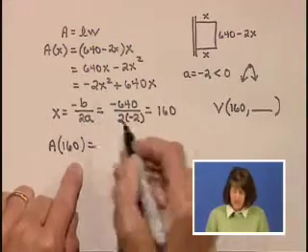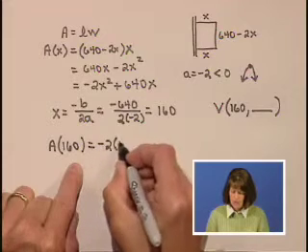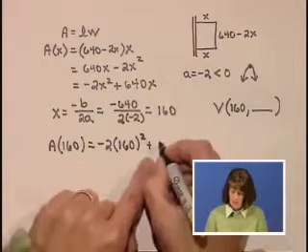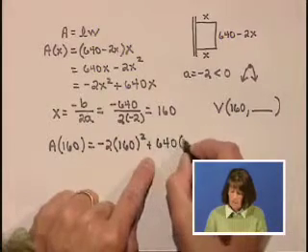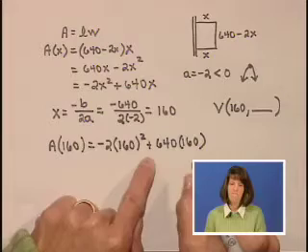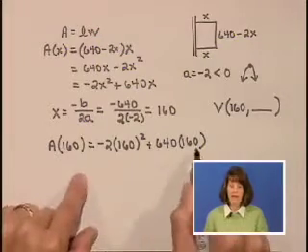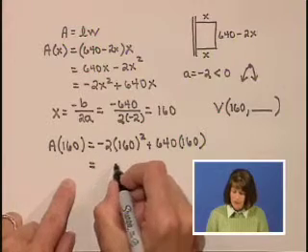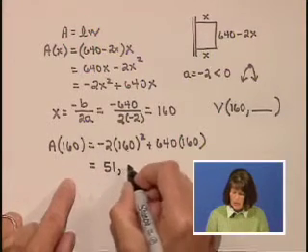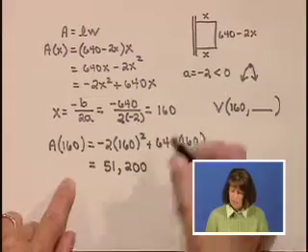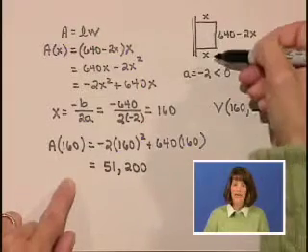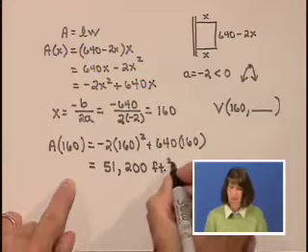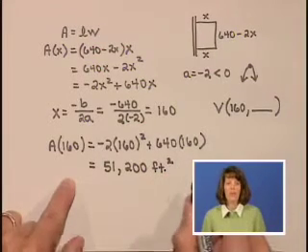Substituting 160 in for x, this is negative 2 times 160 squared plus 640 times 160. And at this point, I would probably use a calculator to help me do that quickly. That is equal to 51,200. We had dimensions in terms of feet, so this also is in terms of feet, but feet squared.